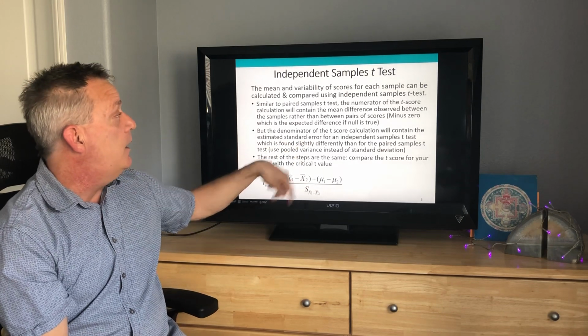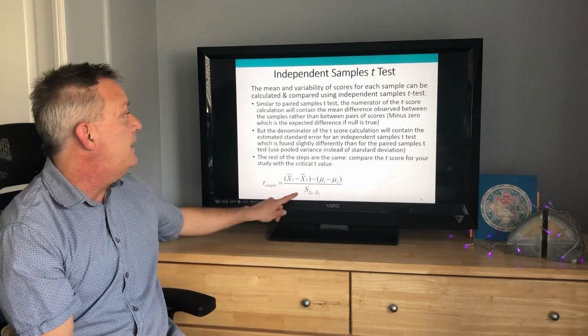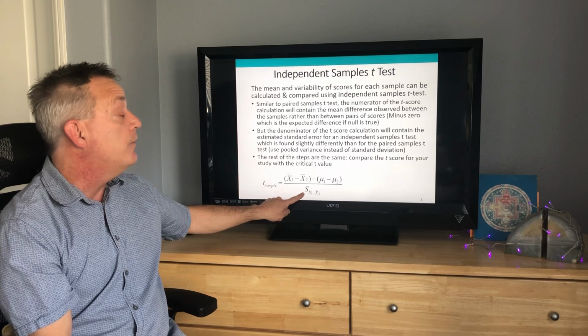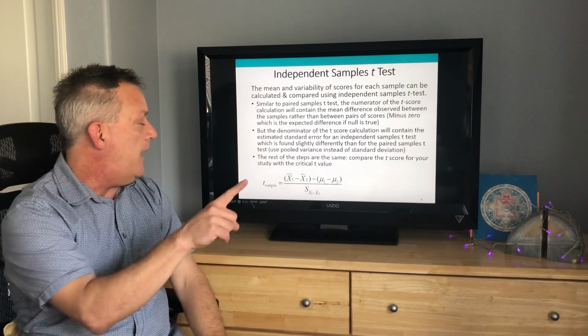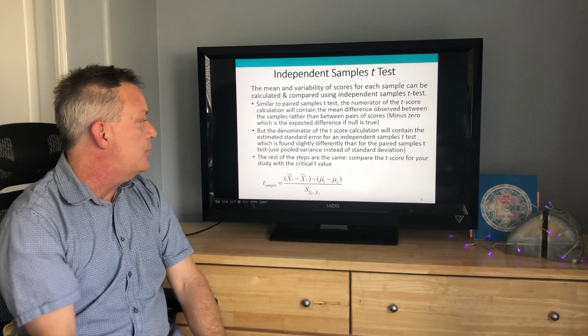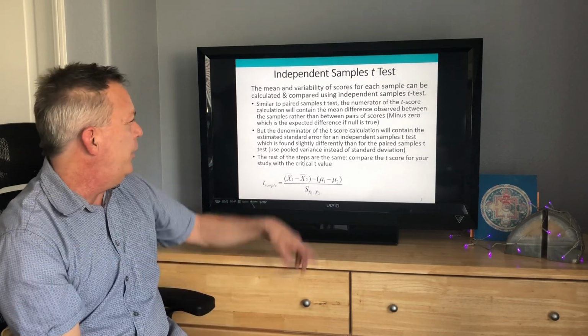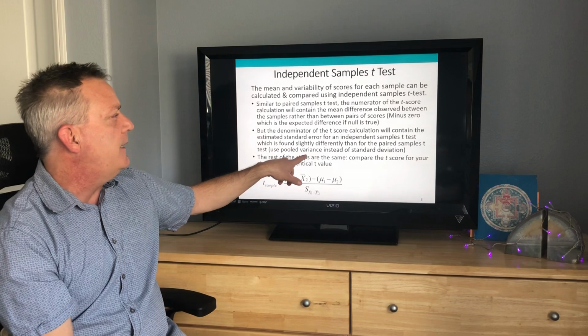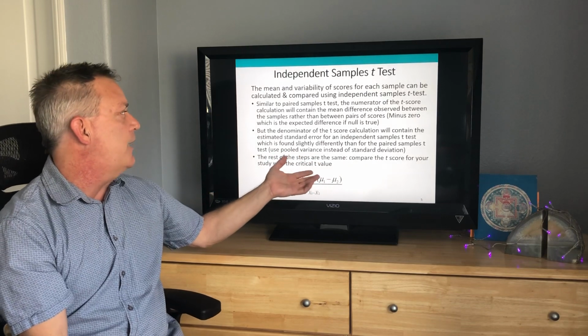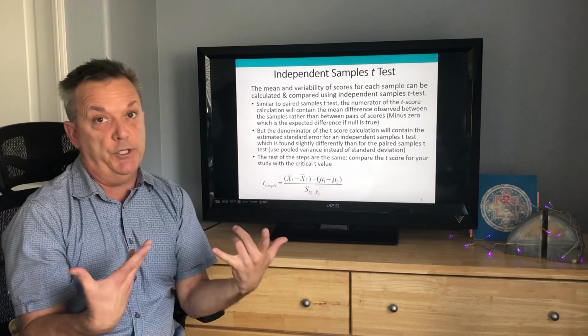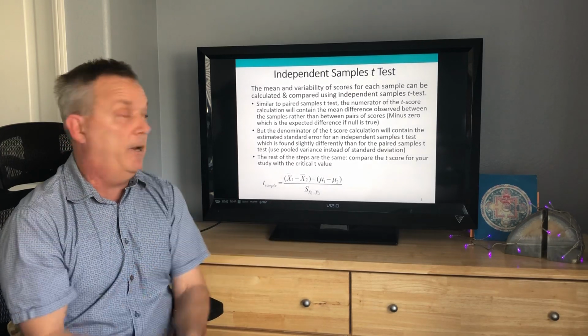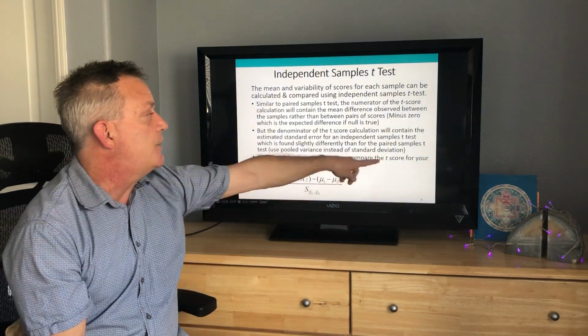But the denominator of the t-score calculation will contain the estimated standard error for an independent samples t-test, and that's right here, S sub x1 minus x2 with a line over it. That's found slightly differently than for the paired samples t-test because you use pooled variance, a term you learned about in this chapter, instead of the standard deviation.